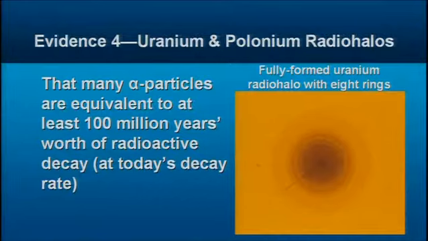So when you see these radiohalos in a granite, it means that that granite has suffered at least 100 million years of radioactive decay. That's at today's rate. I'm not saying the million years ever happened. All I'm saying is if you take the measured rate today and extrapolate it back, that's the number you get.